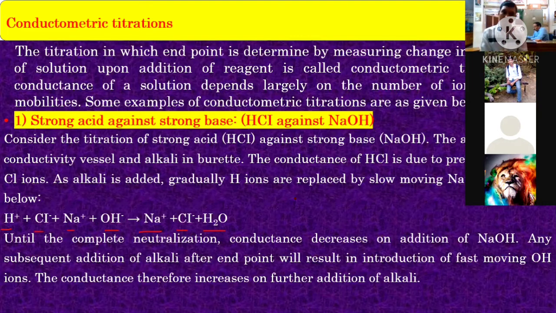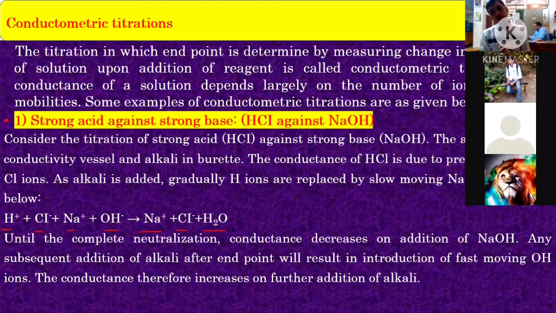Okay, then what happens again here? Until complete neutralization, conductance decreases on addition of NaOH. Any subsequent addition of alkali after the endpoint will result in the introduction of fast moving OH ions. The conductance therefore increases with further addition of alkali. Suppose in a given electrolytic solution, the whole amount of H plus ion completely reacts with OH minus.